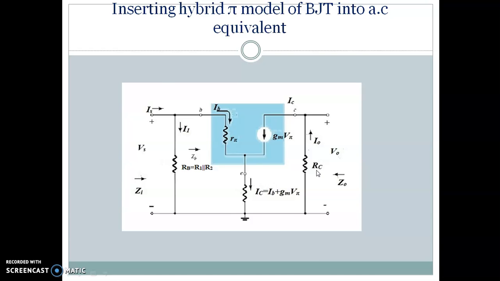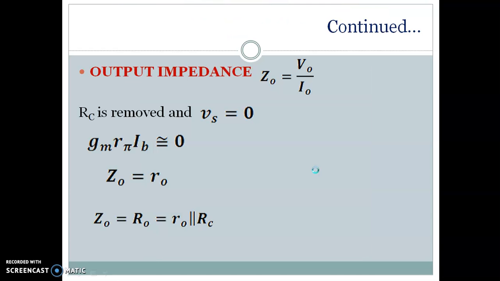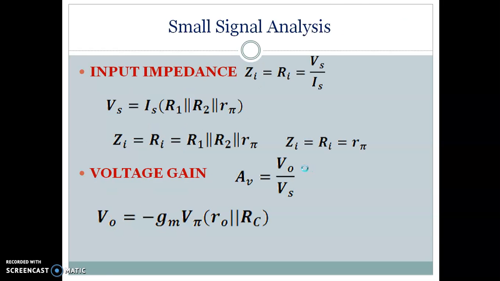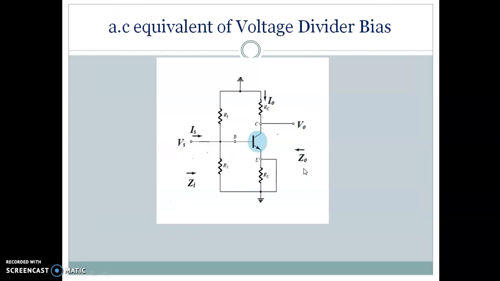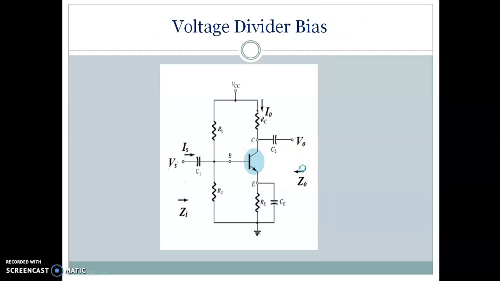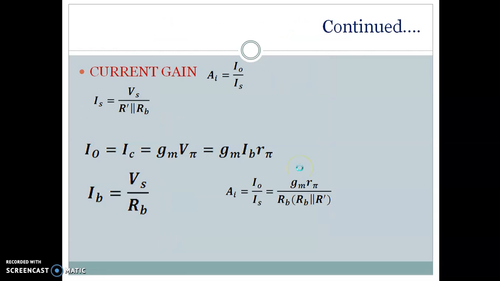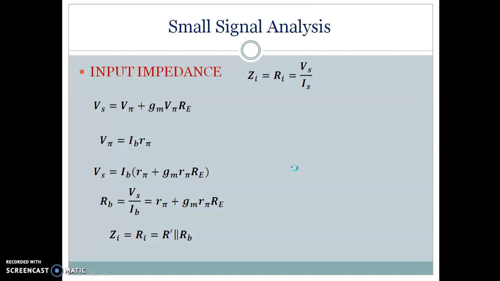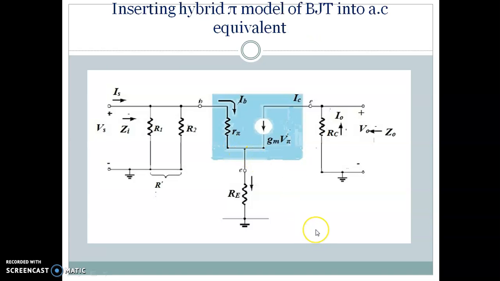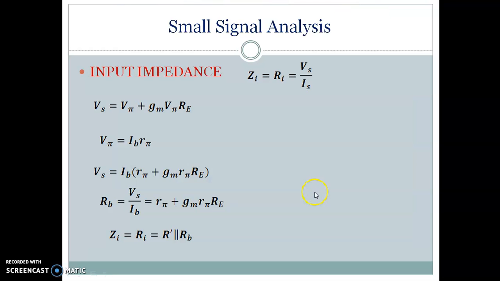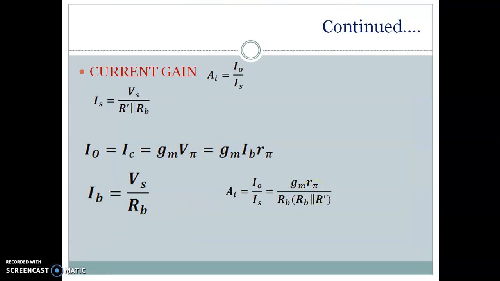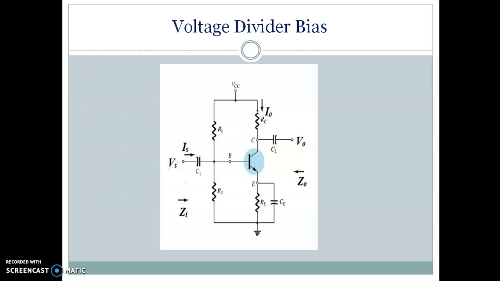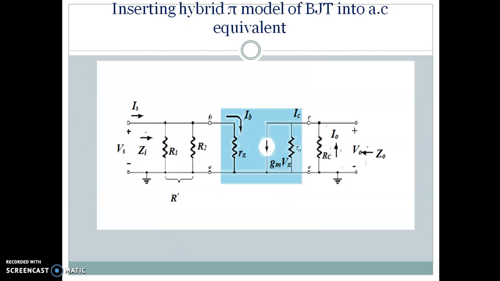This AC equivalent circuit is similar to what we saw earlier. Inserting the hybrid model, this is the resultant circuit, and here also we get the same, so we can use the derivation obtained there.